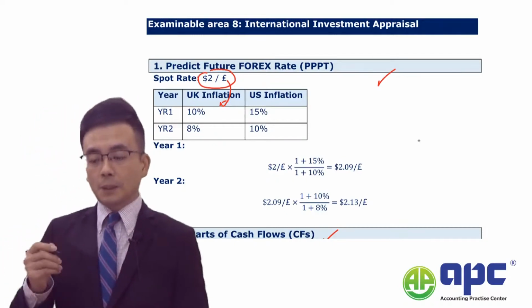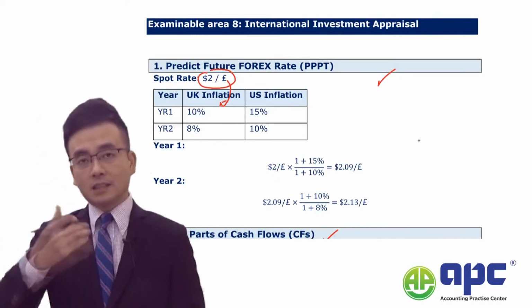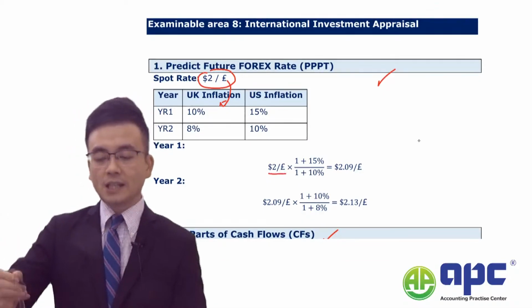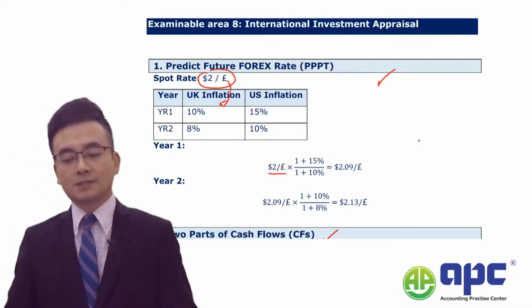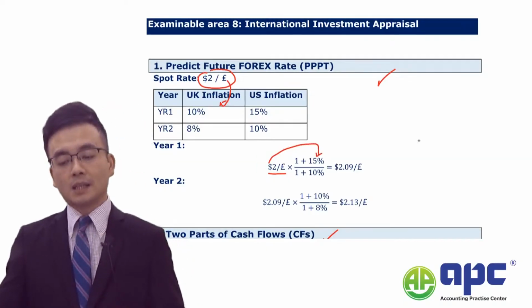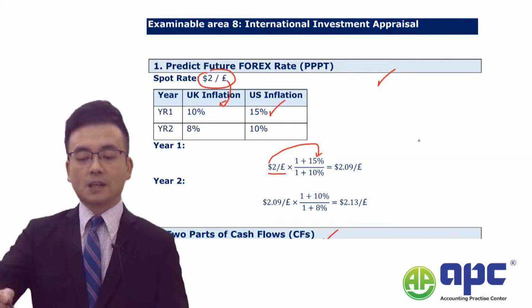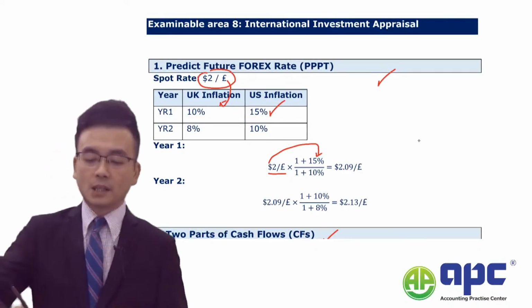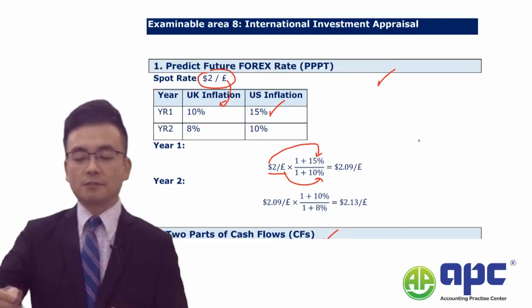So that being the case, as we can see there, for the year 1 predicted exchange rate, firstly we'll take the spot rate on the left hand side, the first currency, which means the variable currency, standing for the USD. That inflation is 15% there, so we slot that in the numerator. The denominator will be the second currency inflation rate.